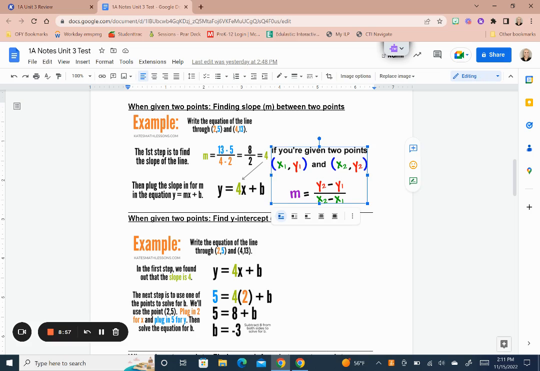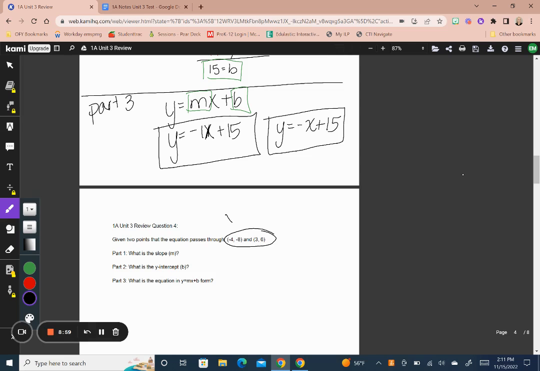x1, y1, x2, y2. So x1 is negative 4, y1 is negative 8, x2 is 3, y2 is 6. So it's y2 minus y1 over x2 minus x1. That's equal to my slope m.